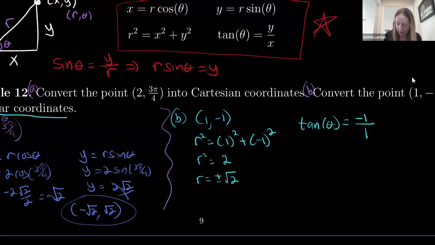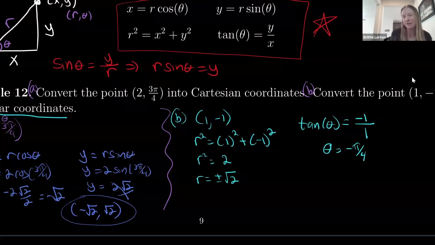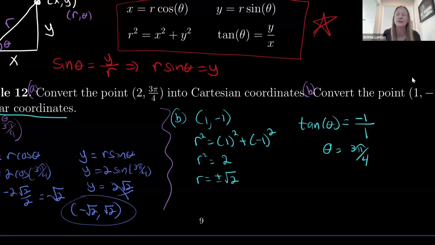So tangent of theta equals -1 tells me that theta is negative pi over 4. Or, all students take, let's see, it could have been also 3 pi over 4. There were lots of options here. Maybe you chose 3 pi over 4. There are going to be infinitely many options. So tangent of 3 pi over 4 is -1.